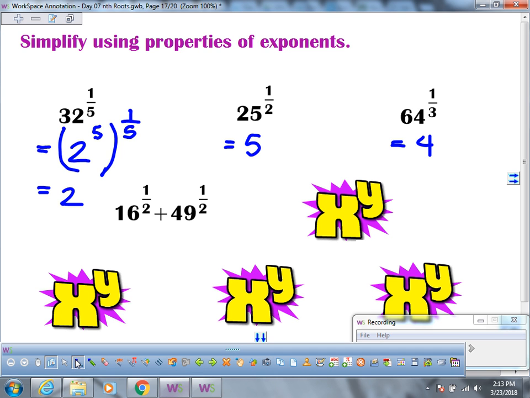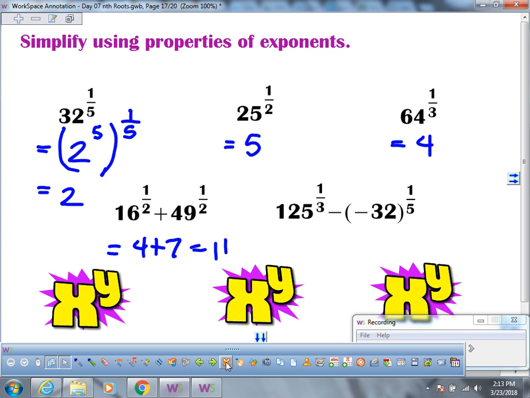All right. So 4 plus 7 is 11. Oh, they're two different problems?